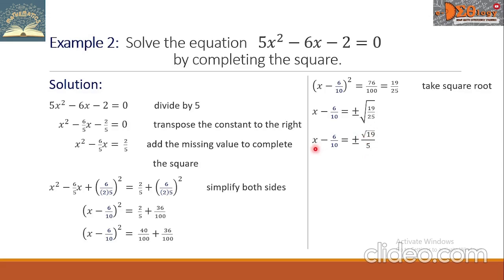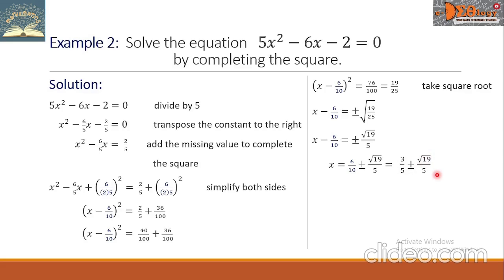Then let us solve for x. This negative 6 over 10 we transpose to the right. So it becomes like this. The 6 over 10 from negative becomes positive to the right. Take note that the 6 over 10 can be simplified into 3 over 5. Then plus or minus the square root of 19 over 5.